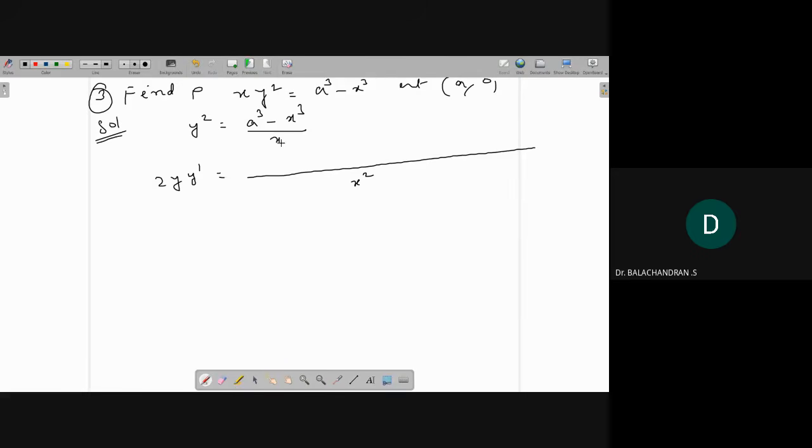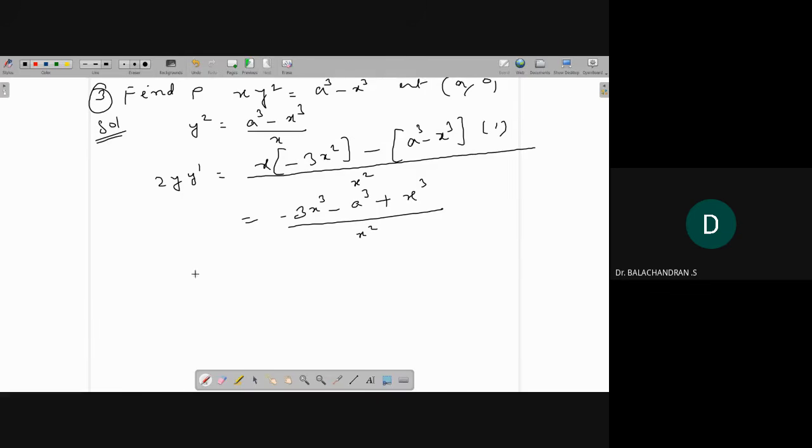Keep x in the numerator. If you differentiate the numerator, you get minus 3x square, minus, keep the numerator as it is, so a cube minus x cube. To differentiate the denominator, you'll get 1. So you'll get minus 3x cube minus a cube plus x cube divided by x square.